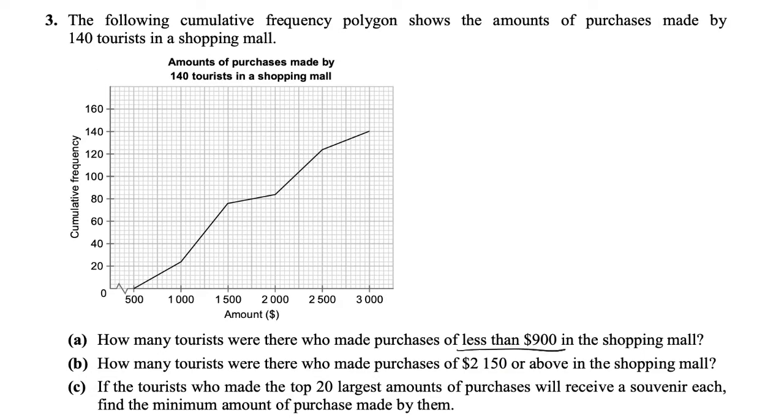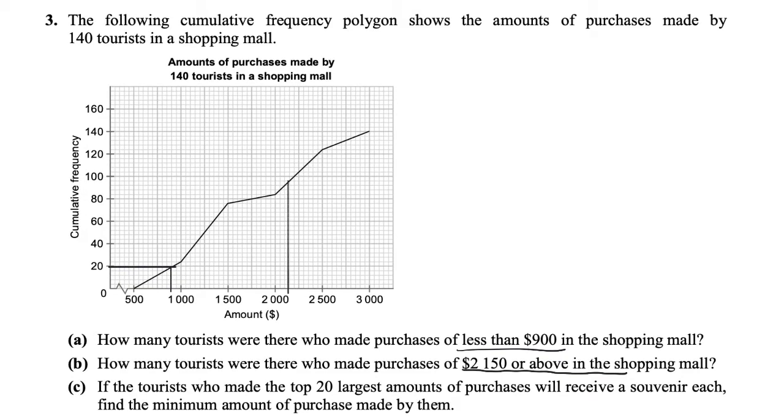Okay, less than 900. That means now you have to draw the line like this and find the intersection point between them, so that you will know this will be 20. And then for this one, who spends more than that, again you have to draw it here at 2150, and you should know for one group it means 50.